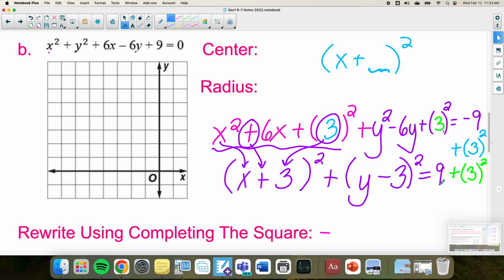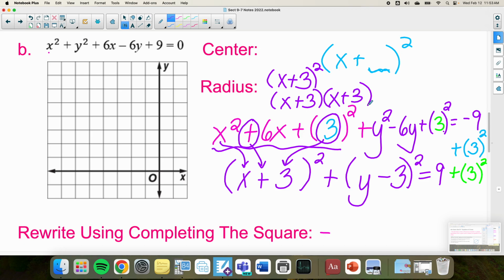Okay, so that's a really good question. If you now took this x plus 3 and you squared it, to do that you'd have to go x plus 3 times x plus 3, and you'd have to FOIL it, and then you would get this.